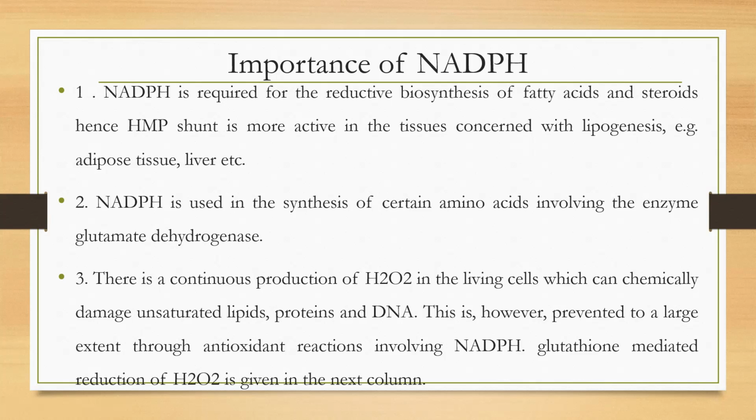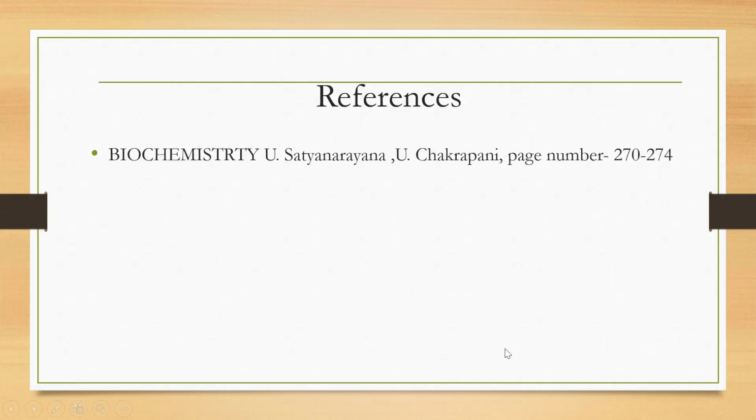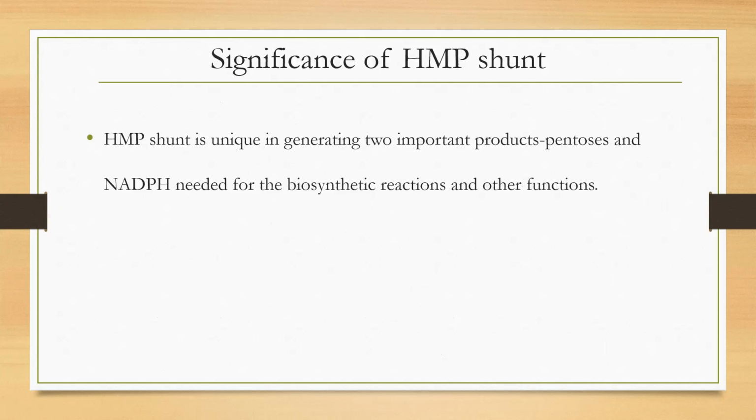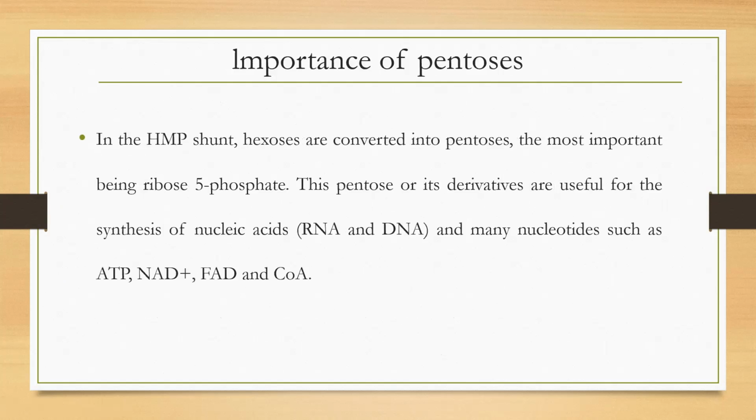Then they are also important for the synthesis of certain amino acids involving the enzyme glutamate dehydrogenase, and they are also important because if there is continuous production of H2O2 in our body, it will damage some lipids. So it will be prevented due to some antioxidant reactions which involve the NADPH molecule. So this is all about the importance of NADPH and pentoses, which are produced in the HMP shunt pathway.